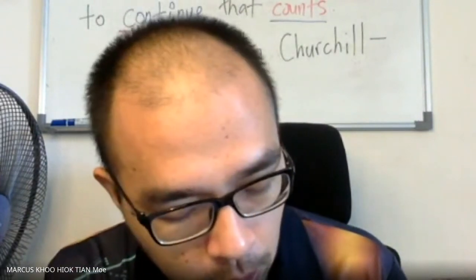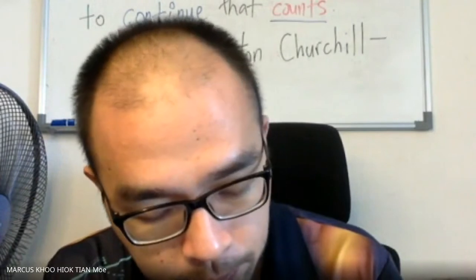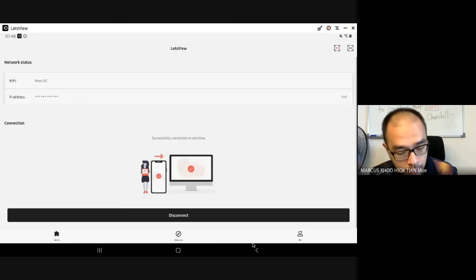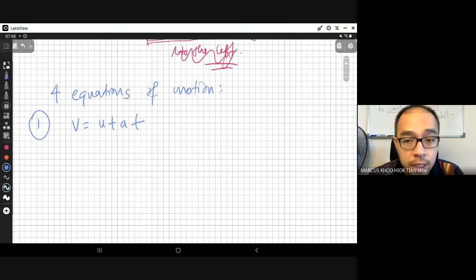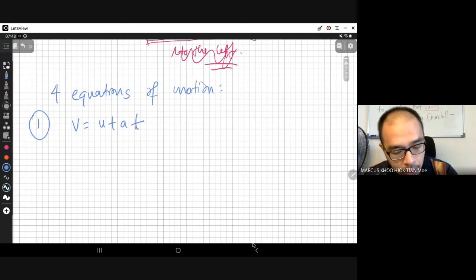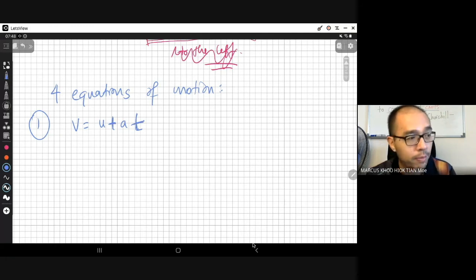The first one is v equals u plus at. All the standard symbols apply. v is final velocity, u is initial velocity, a is acceleration, and t is time, and I'm purposely writing this t like this because I want to differentiate it from the plus symbol.